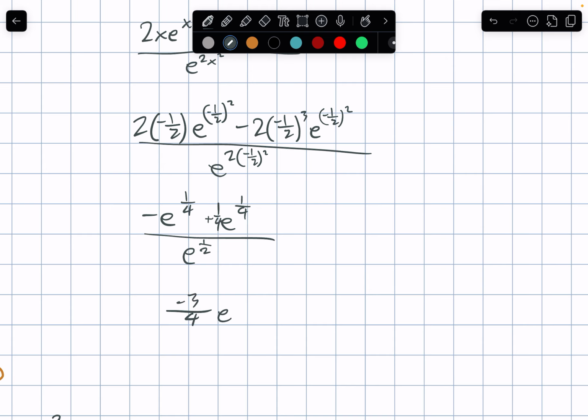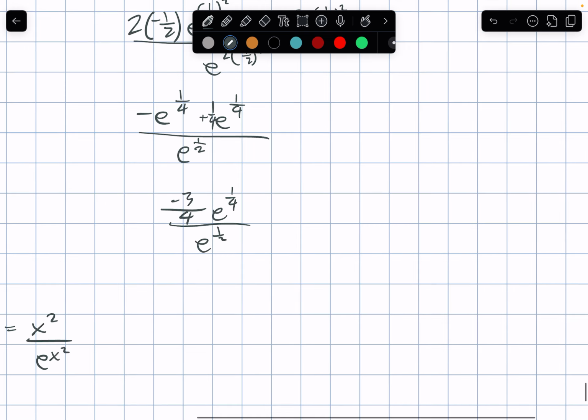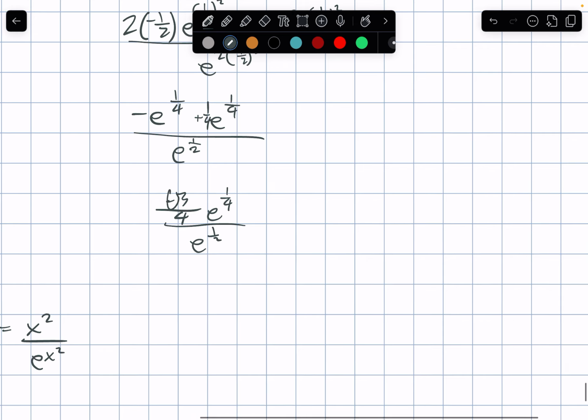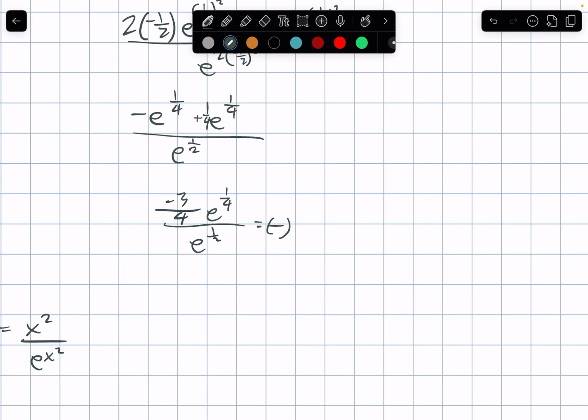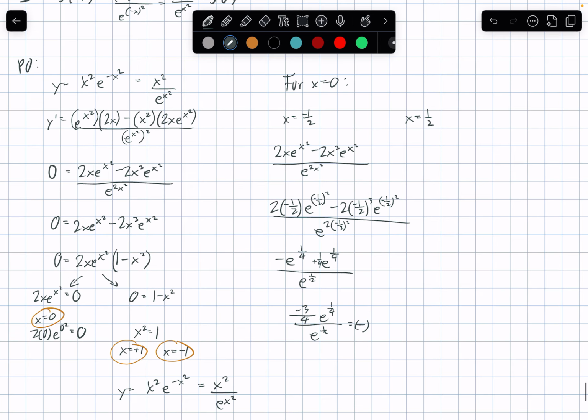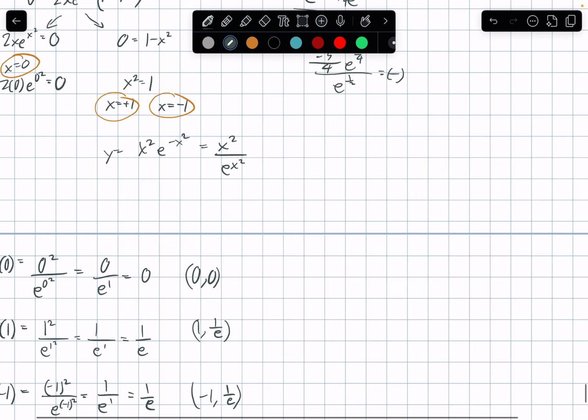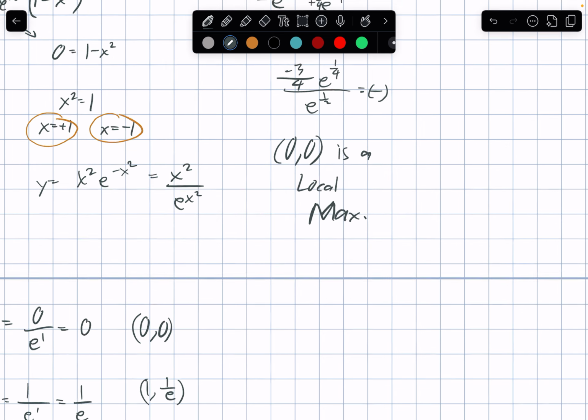Negative 3 over 4, e raised to 1 over 4 over e raised to 1/2. Essentially, what you have to know from this value is whether it's negative or positive. In this case, because of the negative sign, it is a negative value. Therefore, x equal to 0 or its coordinate 0, 0 is a local maximum.